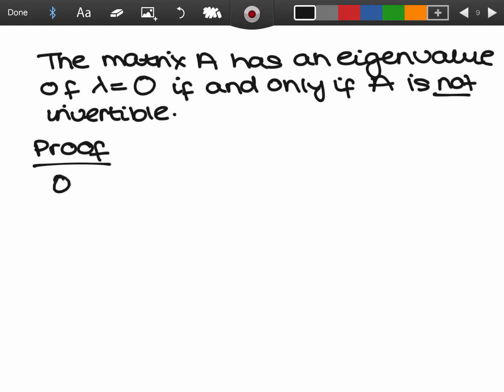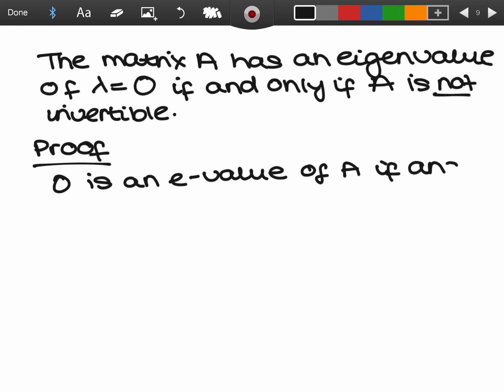So let's look at a proof for this. It's a pretty short proof. 0 would be an eigenvalue of A. Okay, looking at our definition, 0 is an eigenvalue, I'll call it an E value just to shorthand it, 0 is an eigenvalue of A if and only if that equation is true.